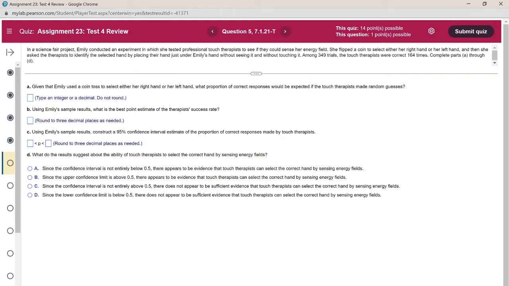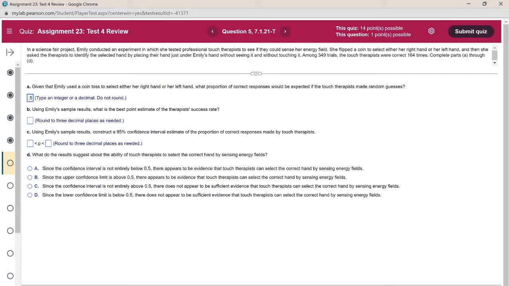Given that Emily used the coin toss to select either her right hand or left hand, what proportion of correct responses would be expected? Since she used a coin, there is a 50-50 chance, so the expectation should be 0.5, which is 50%. Using Emily's sample result, what is the best point estimate of therapist success?